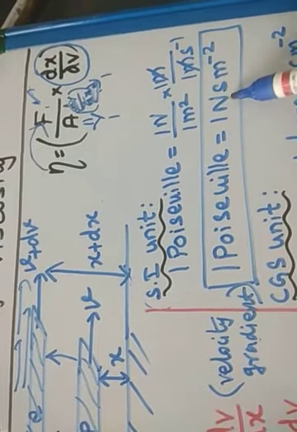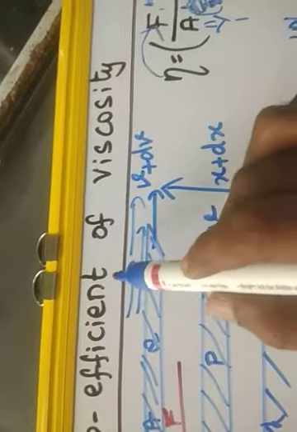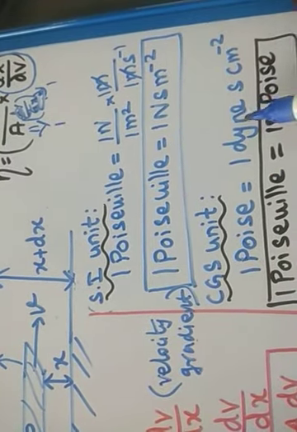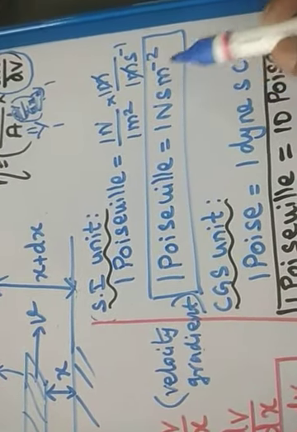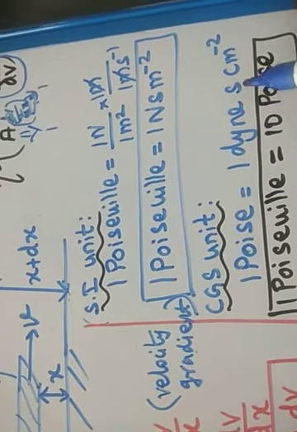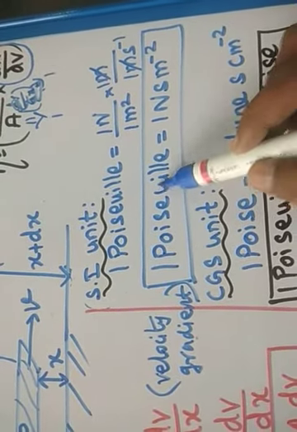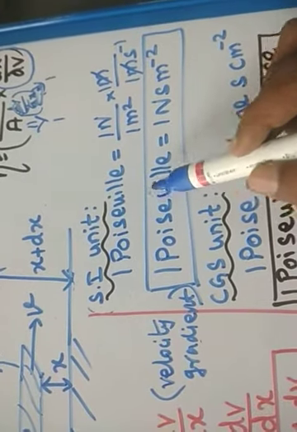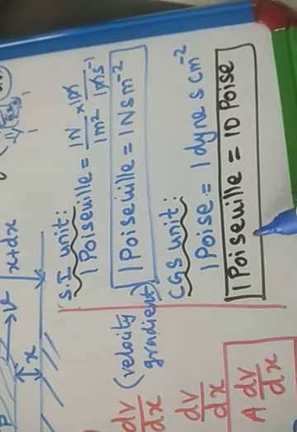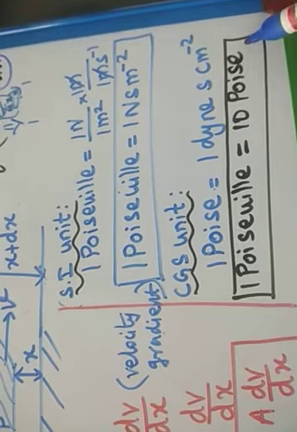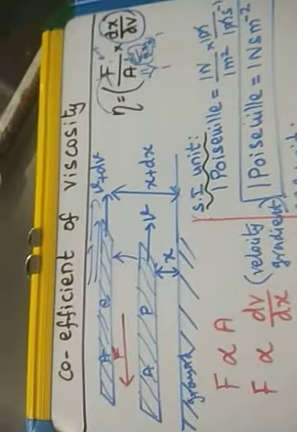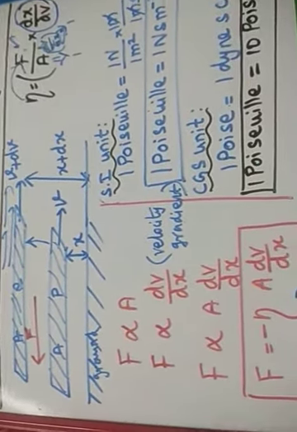This is the SI unit of the coefficient of viscosity. For the CGS unit, instead of Newton we use dyne, and instead of meters, centimeters: dyne second centimeter power minus 2. The relation between the SI unit and the CGS unit is 1 Poiseuille equals 10 poise.